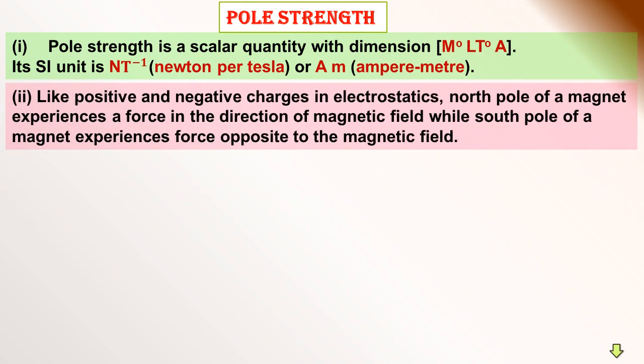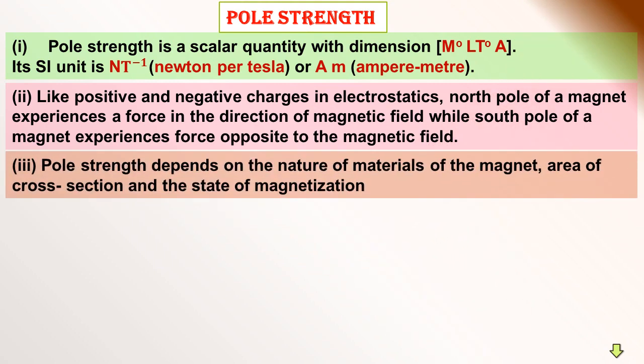Like positive and negative charges in electrostatics, the north pole of a magnet experiences a force in the direction of the magnetic field, while the south pole experiences a force opposite to the magnetic field. Pole strength depends upon the nature of the material of the magnet, the area of cross section and the state of magnetization.